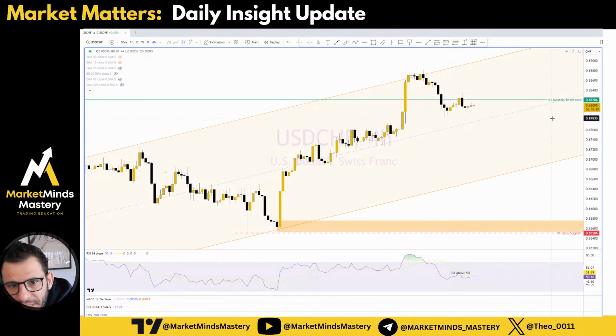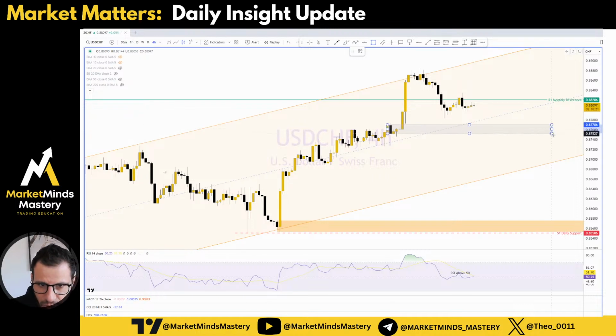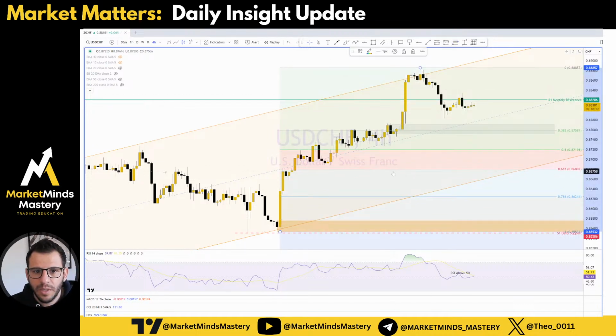USD Swissy. Another area I'm looking at on the USD Swissy, that's the 4-hour time frame, is to grab some long positions around here. Let's use some Fibonacci tool. So the 50% is here, 61.8 is there.